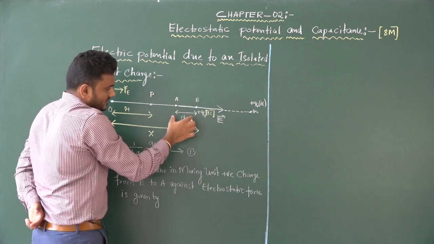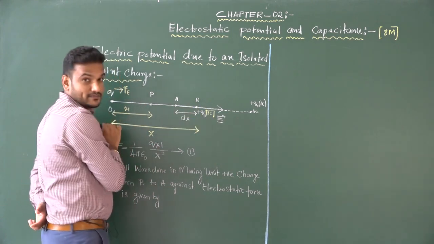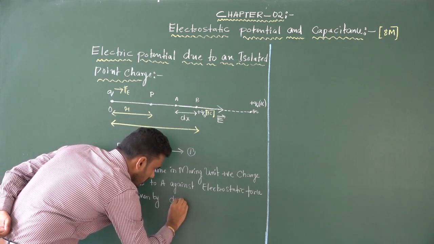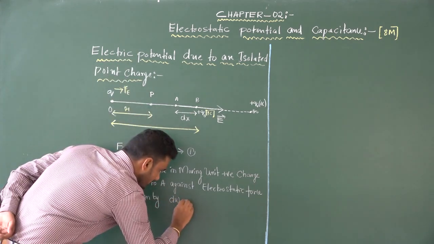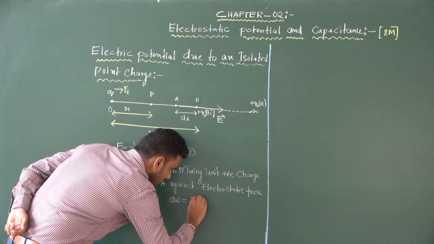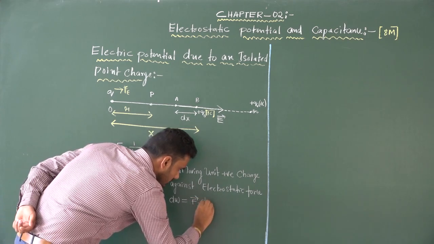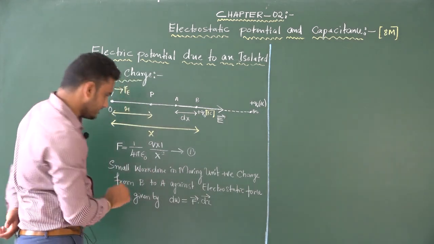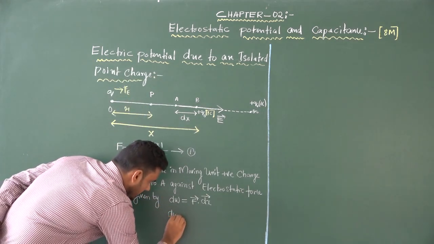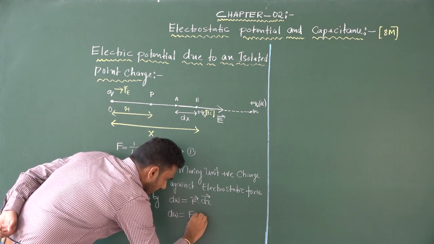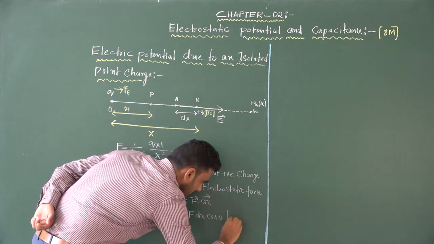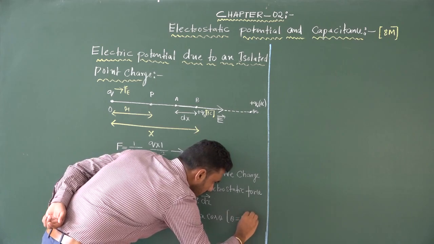Since we are displacing through a small displacement dx, the work done is also a small amount of work done, dW. Work done is force into displacement, that is dx. So we can write dW is equal to F dx cos theta, where theta is equal to 180 degrees.